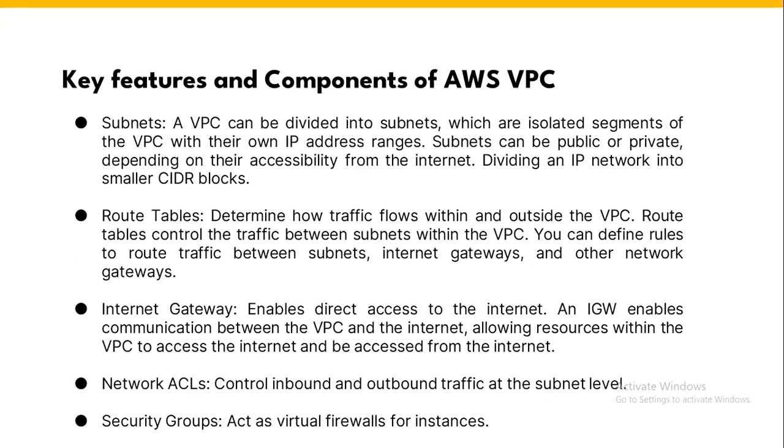So there are key features and components of the AWS VPC when we are provisioning it. There's what is called a subnet. That is when you start further subdividing the VPC into what should be more secret or what should be a little bit public.